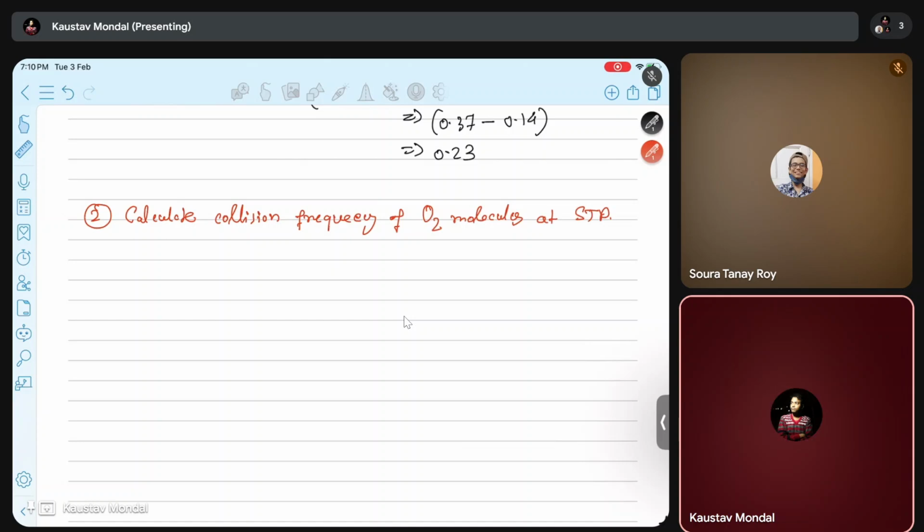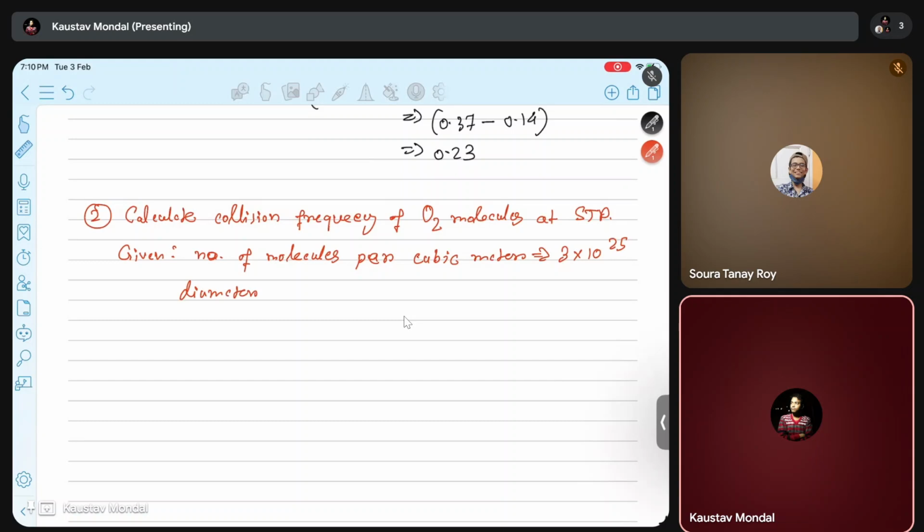So some information is given. So given is the number of molecules per cubic meter is 3 into 10 to the power 25.